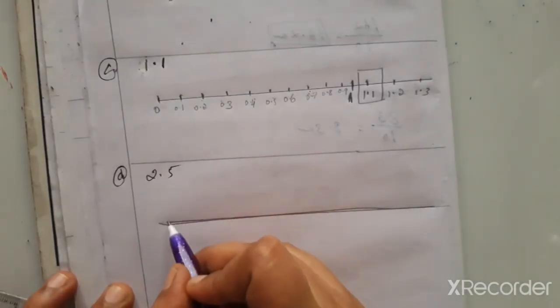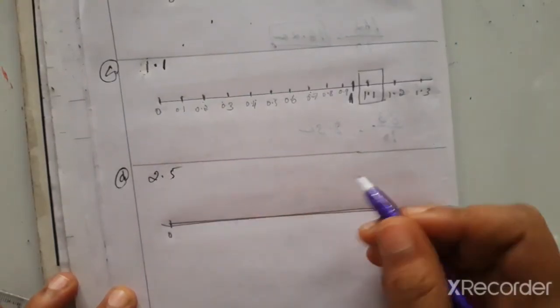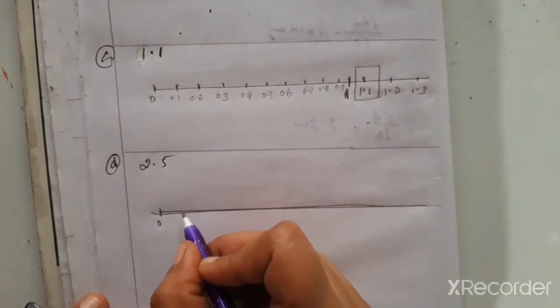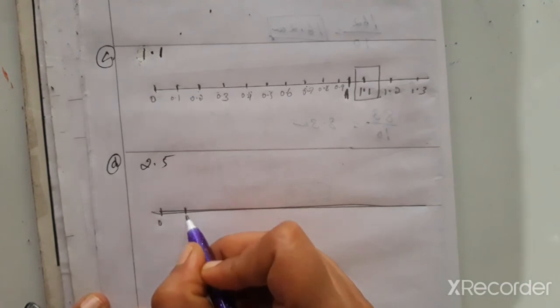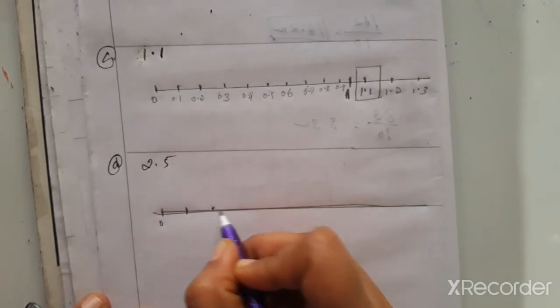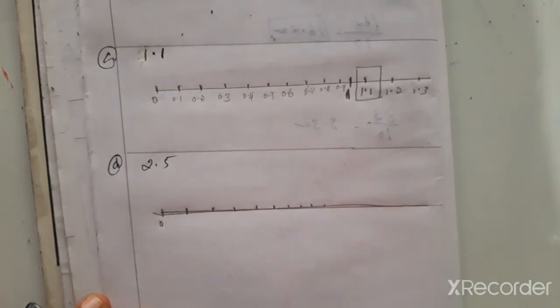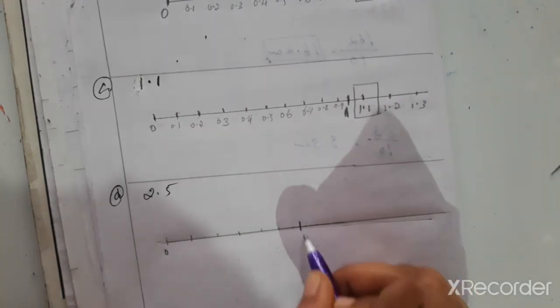Next is 2.5. So here 0, then 2.5. We can't extend the line with 1 centimeter, as it would become a very long line. Now from 0 to 1, then 1 to 2, not a proper distance, children. I took 0 to 1 and 1 to 2.